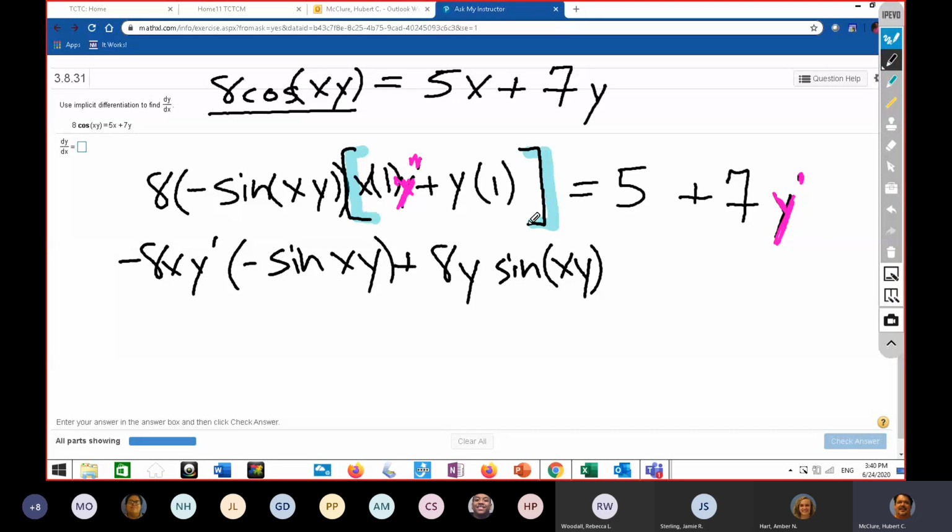So I'm going to rewrite the bottom. So here we go. That's going to be 8xy prime sine of xy. Okay, I did bring that sign out right here.